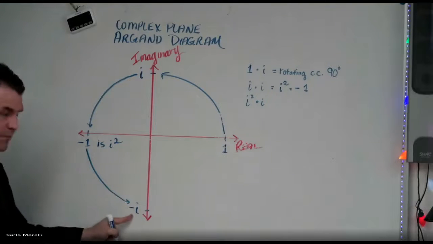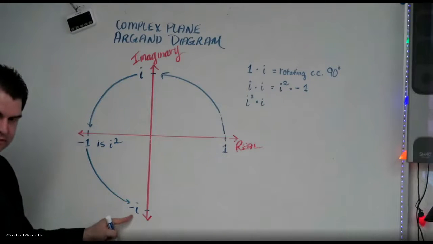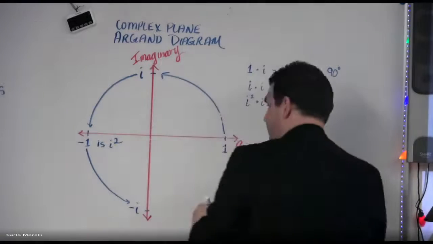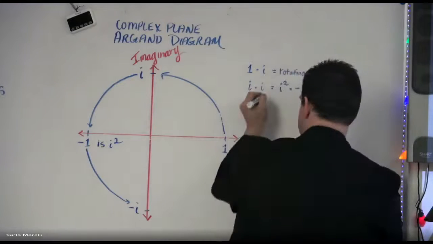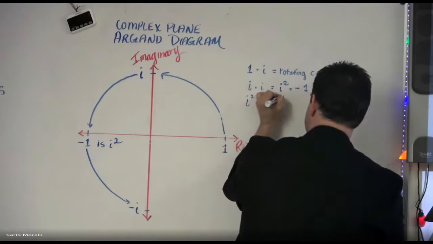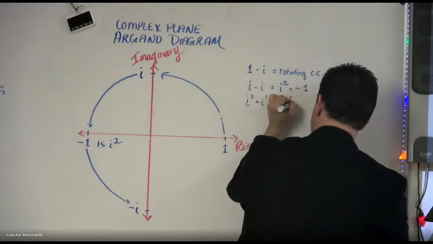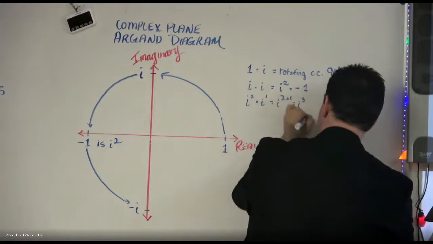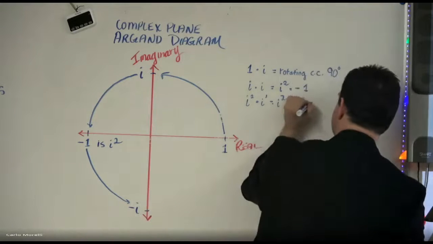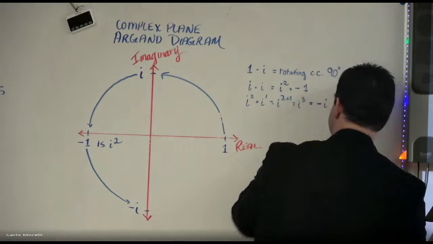Now what am I pointing at? -i. So remember your product rule for exponents. This is i to the second times i to the first, which equals i to the 2 plus 1, which equals i to the third power, or i cubed. But look down here, I'm pointing at -i, so i cubed must equal -i.